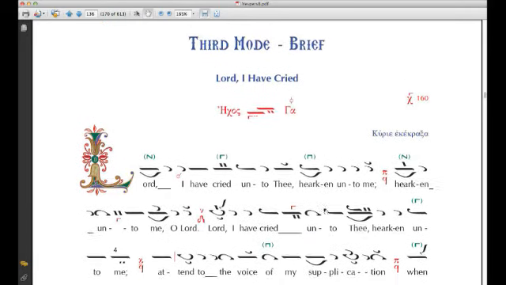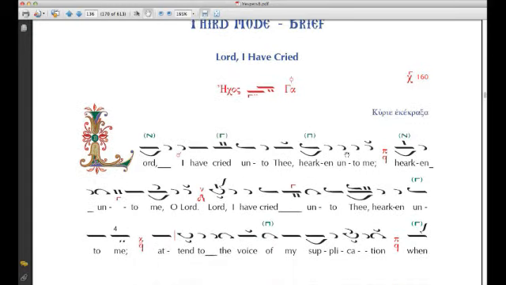Let's sing Lord I Have Cried with the words. Lord, I have cried unto thee. Hearken unto me, hearken unto me, O Lord. Lord, I have cried unto thee, hearken unto me.